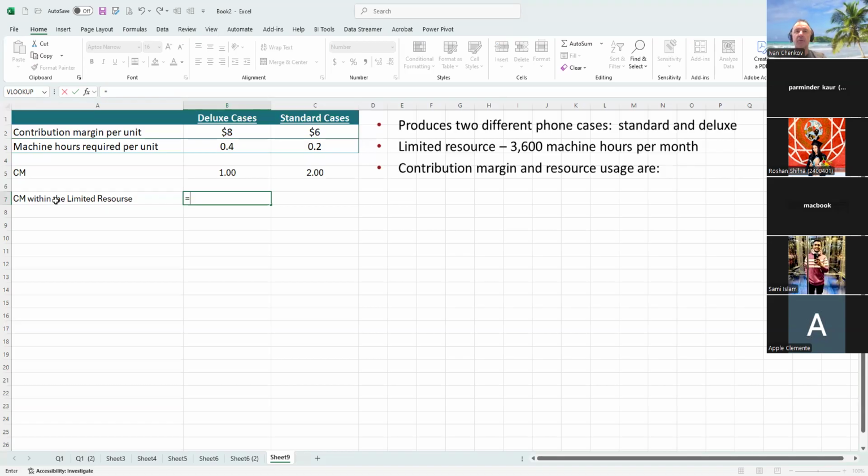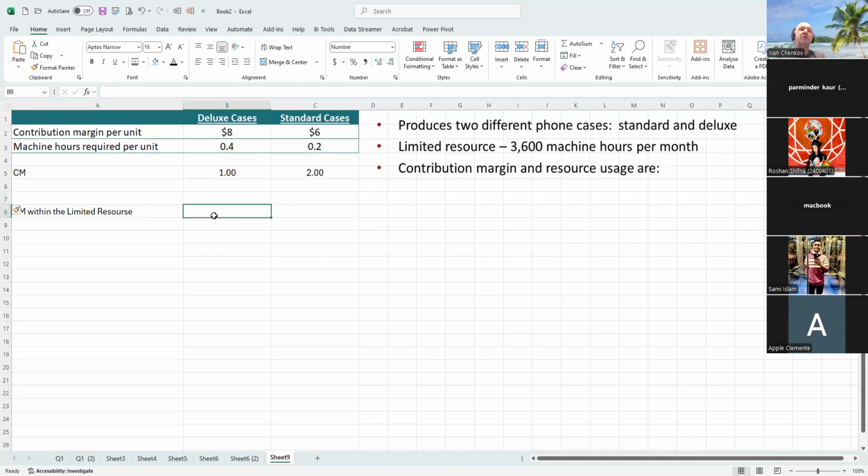The question is, within 1 hour, how many units can I produce? Or how much is my contribution margin per machine hour?